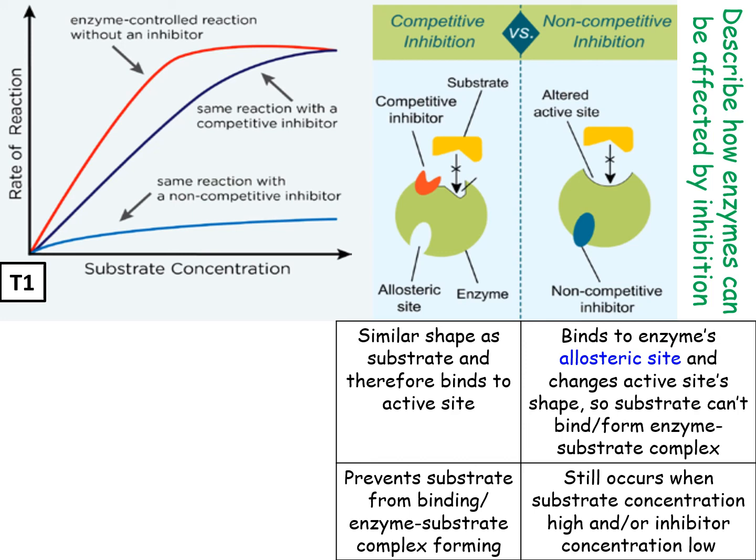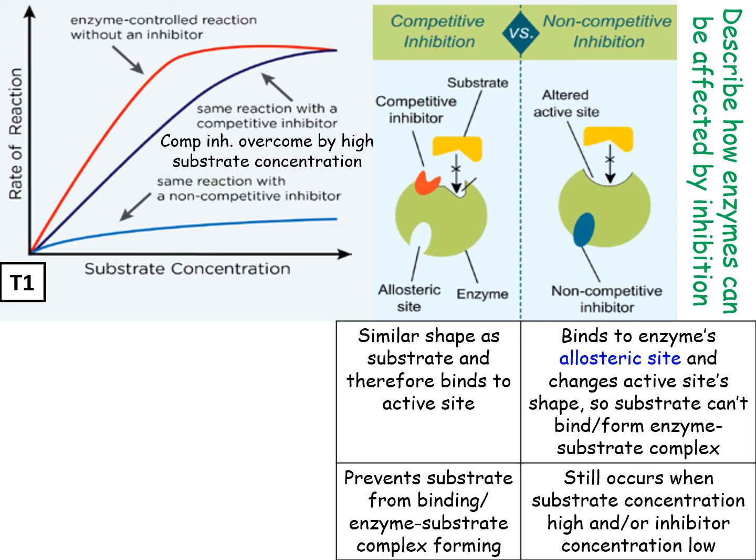However, in competitive inhibition, if you increase the substrate concentration, that means that they're more likely to outcompete the competitive inhibitor, so therefore you can increase the rate of reaction even if there is competitive inhibition, because there's going to be more substrates. So that is one way you could tell the difference between a competitive inhibitor and a non-competitive inhibitor.